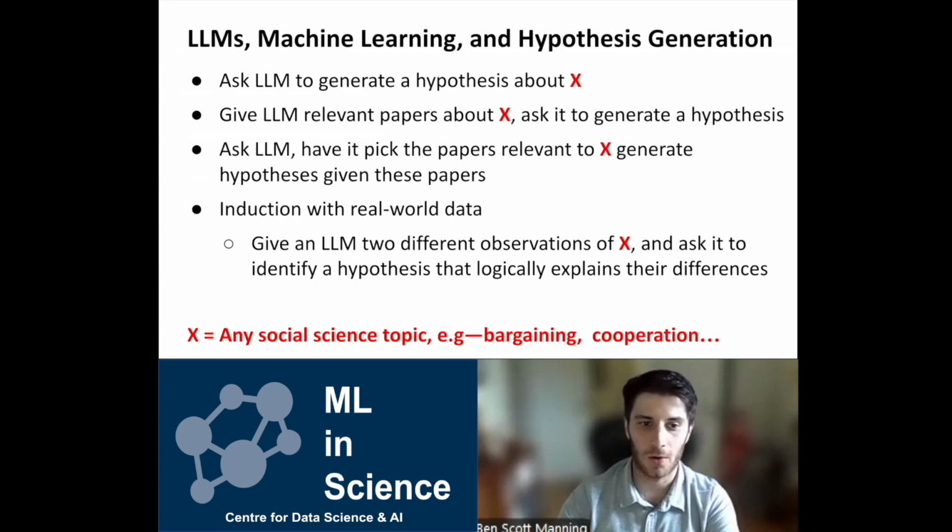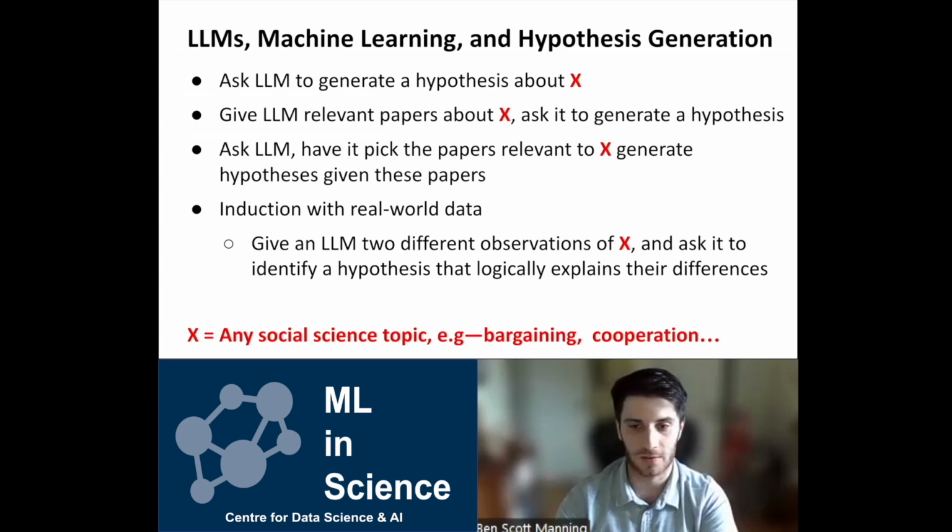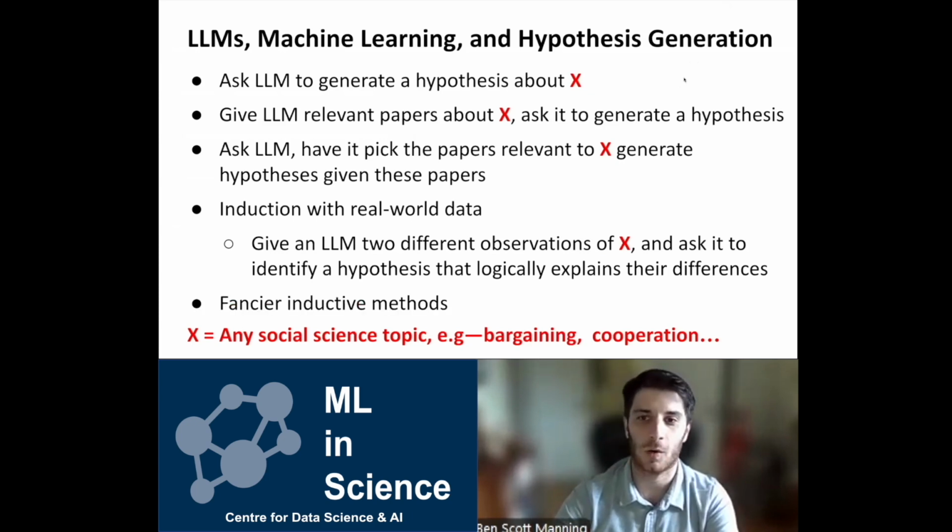Another strand is using kind of induction based on real world data to generate hypotheses. And this, using LLMs, has taken on a flavor of showing an LLM different observations of some phenomenon and asking it to identify hypotheses that potentially explain the difference. And then finally, there's other inductive methods using real world data that have kind of been explored more in the economics and econometrics literature, which for reference is where I'm coming from.